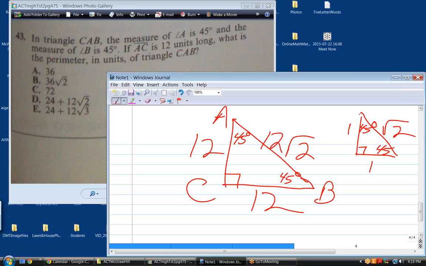There's the unit 45, 45, 90 triangle. Well, this is a similar triangle to this. What's the similarity ratio? 12 divided by 1. So every side of this triangle has to be 12 times bigger than every side of this triangle, which puts the hypotenuse at 12 root 2.